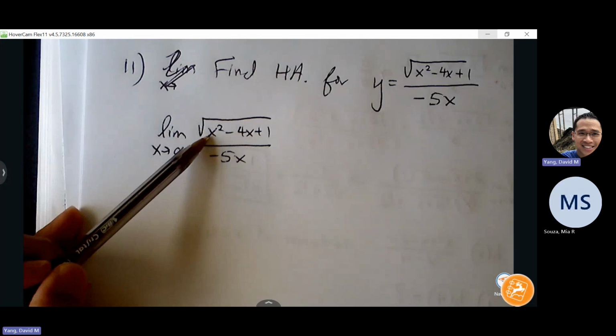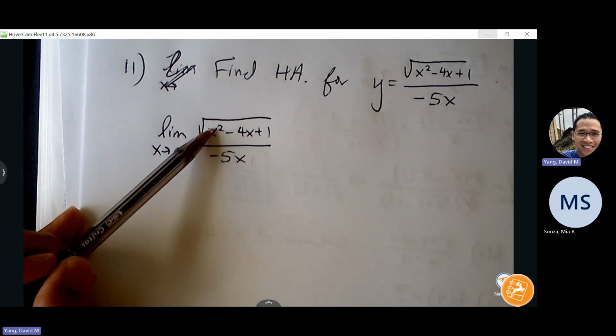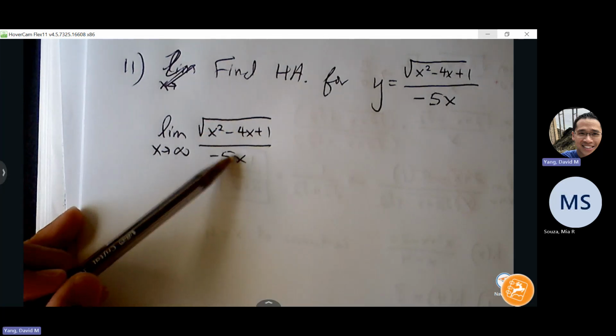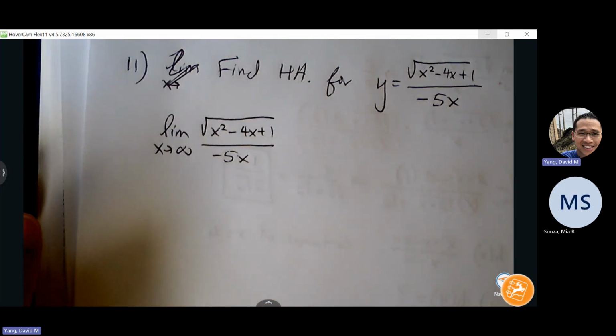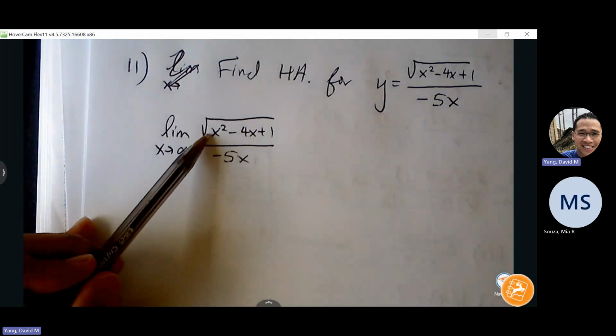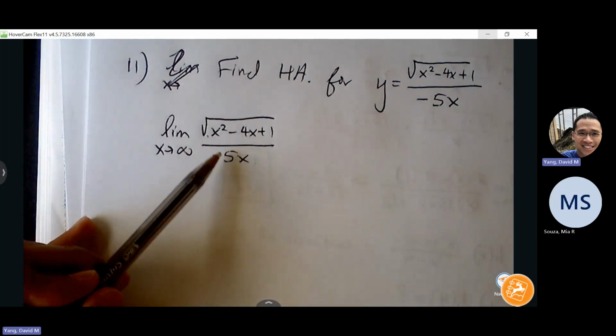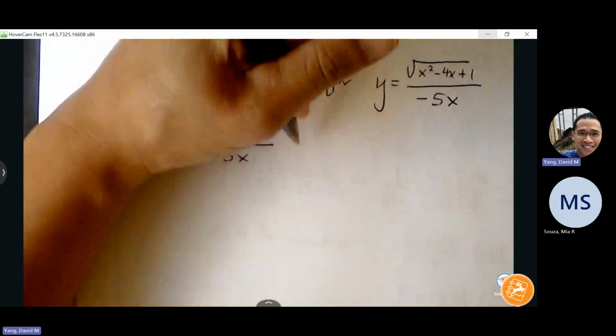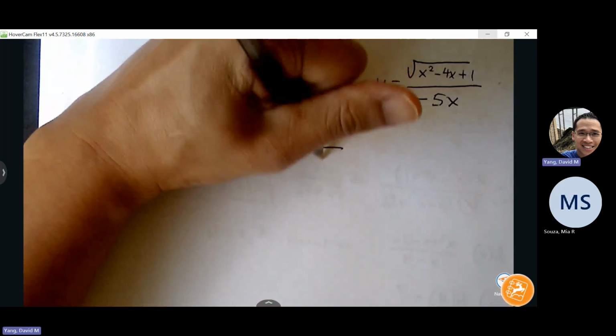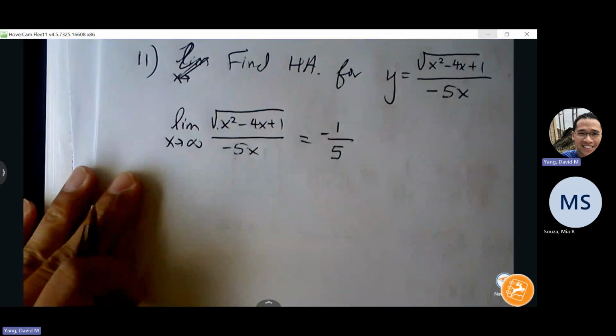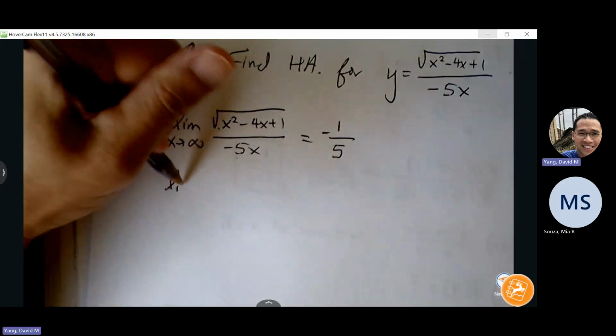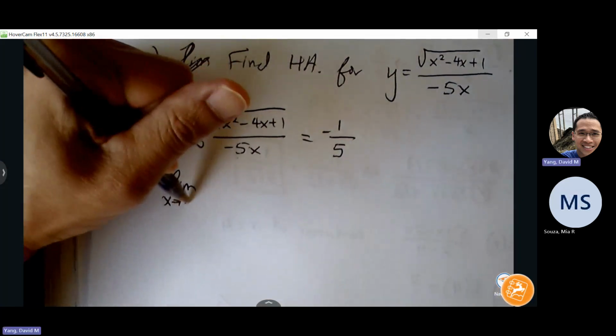The same as the denominator. Degree is 1, right? Denominator is also a 1. So my degrees are the same, then my limit is just the what? Ratio of the coefficients. What's the coefficient of this one here? 1. So 1 over -5. So there's one asymptote. But what if I went the other direction?